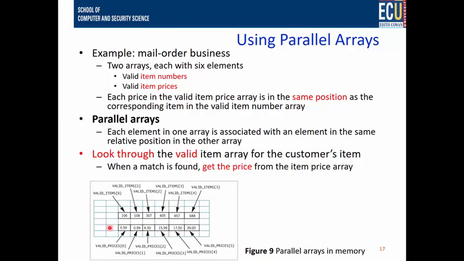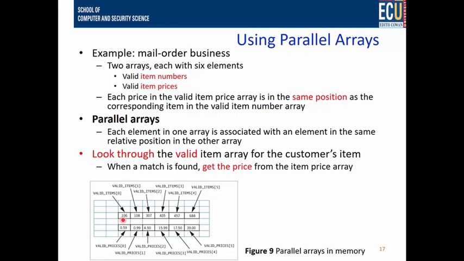If we define another array, and we create a logical relationship between the two, there is no physical relationship in this case. The two arrays are independent, but we know that in this price array, index 0 holds the price of the item present on index 0 of the item array.